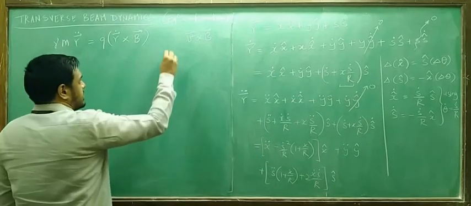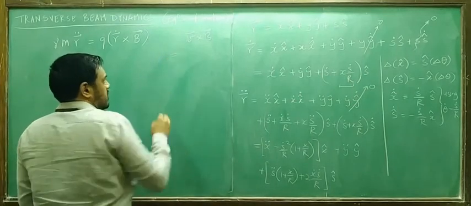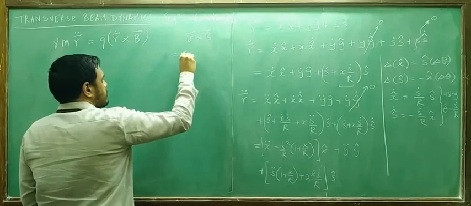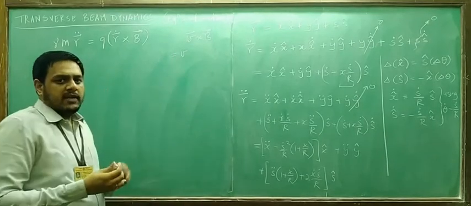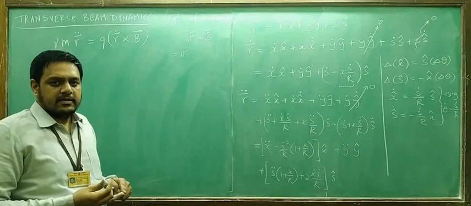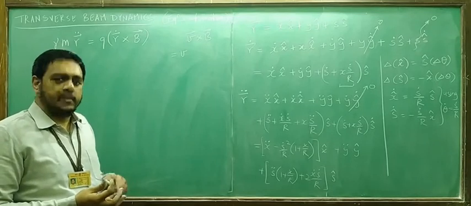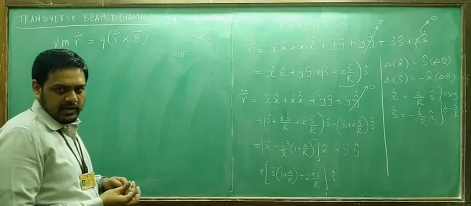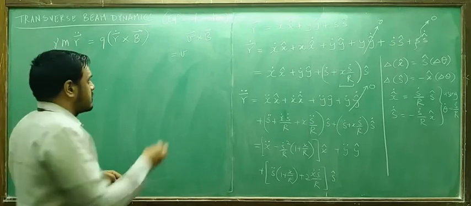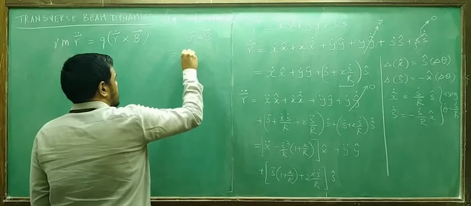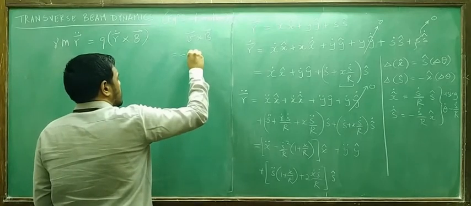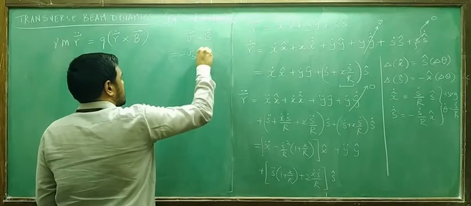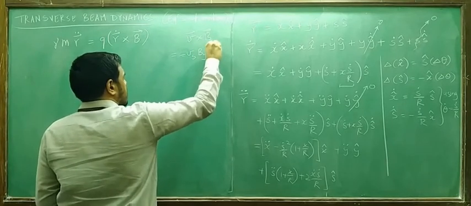It has an x hat component, a y hat component, and an s hat component. So if you write this down, V cross B, you will get three terms. The first term will be Vy Bs minus Vs By. There is no Bs, there is only By, so you will get minus Vs By x hat.